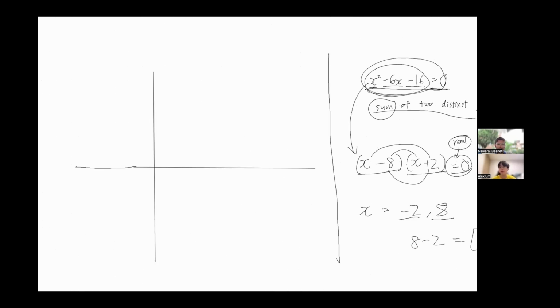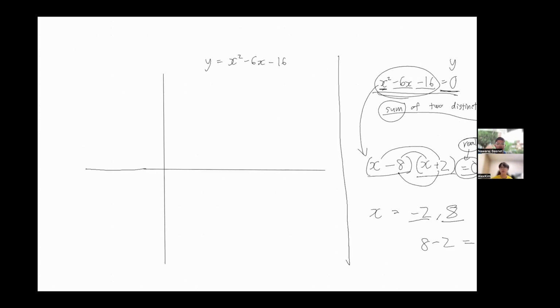But in order to graph it, it has to be a function of y and x, correct? Yes, sir. So when you're looking at this equation, you can ignore the 0 for now and put in y instead to draw it. So we'll be drawing y equals x squared minus 6x minus 16, a quadratic equation.